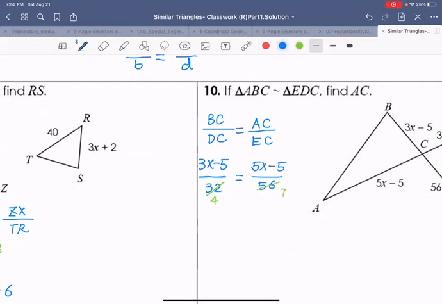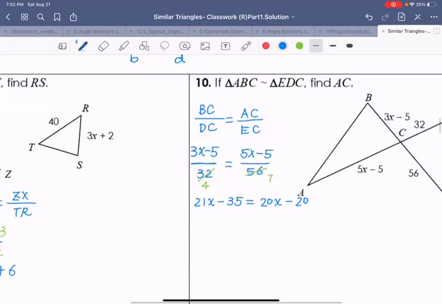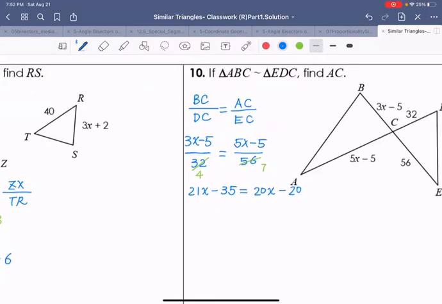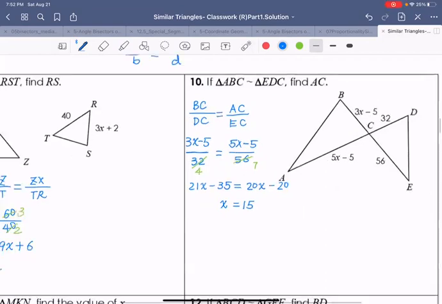And then let's go to the cross multiplication. 21x minus 35 equals 20x minus 20. Okay, and that gives x equals 15. Very good.